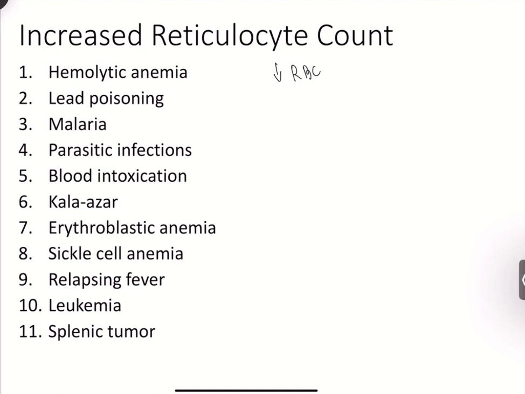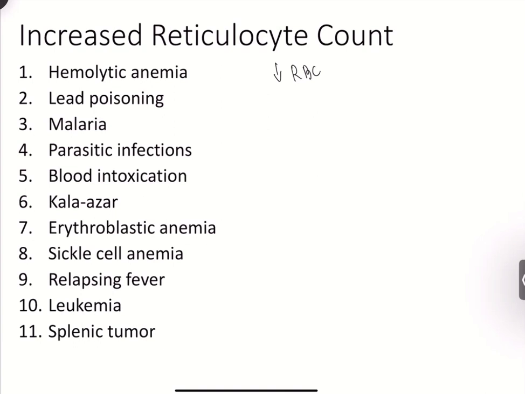So if your RBC count is decreased, your reticulocyte count is increased. Why? Your bone marrow is being stimulated to produce RBC. That's why it produces immature RBC in the peripheral blood, so you can now see reticulocytes in the peripheral blood.